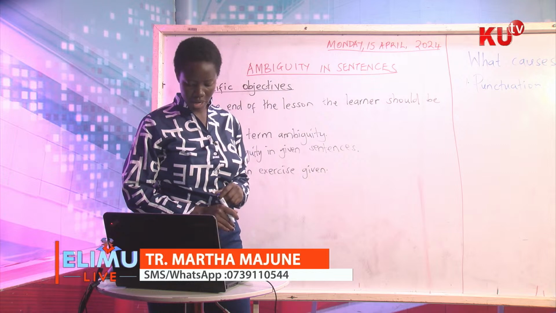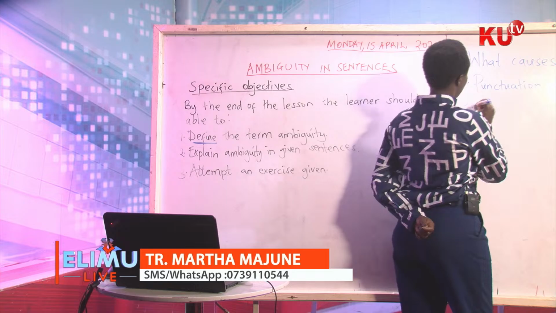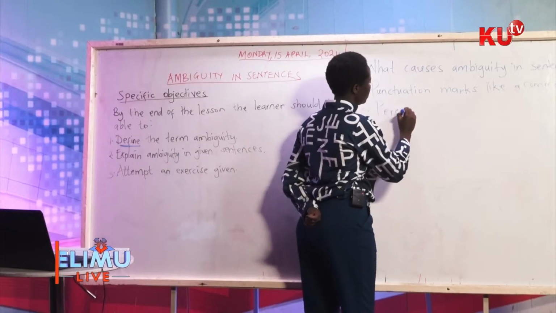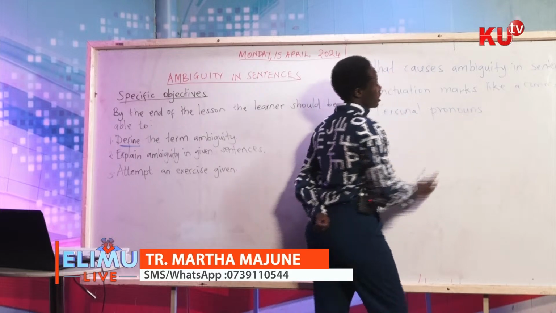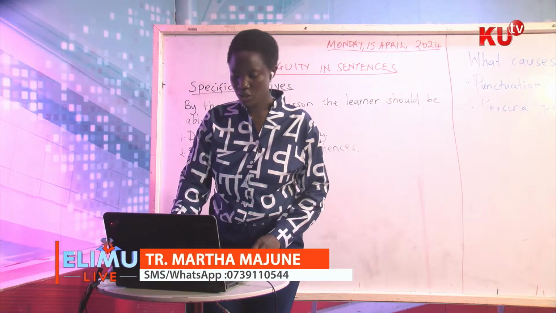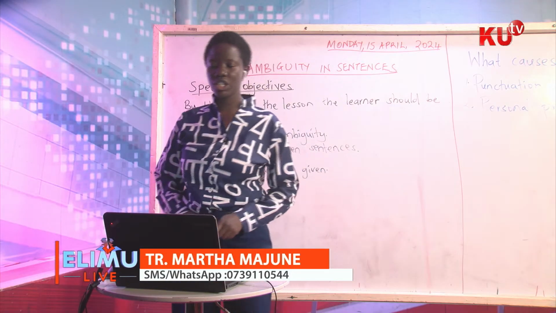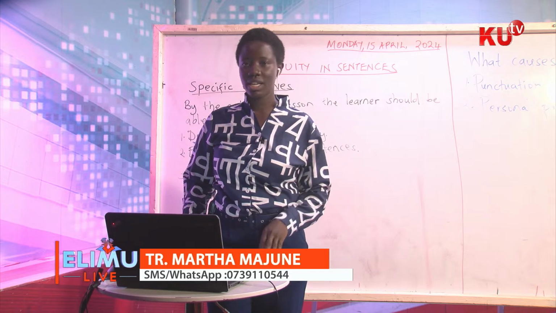Okay, the second thing that brings ambiguity in sentences is personal pronouns. So we have different types of pronouns, and specifically personal pronouns like she, her, he, or him can bring about ambiguity in sentences.